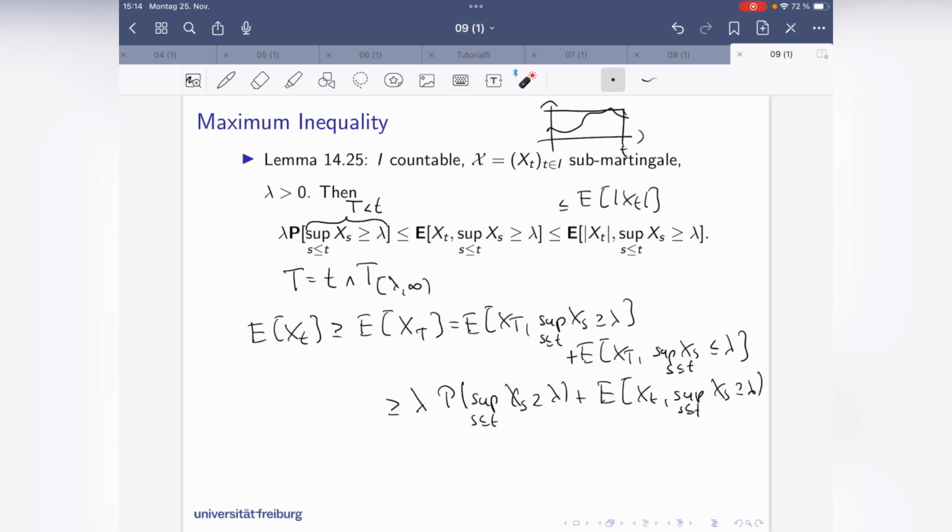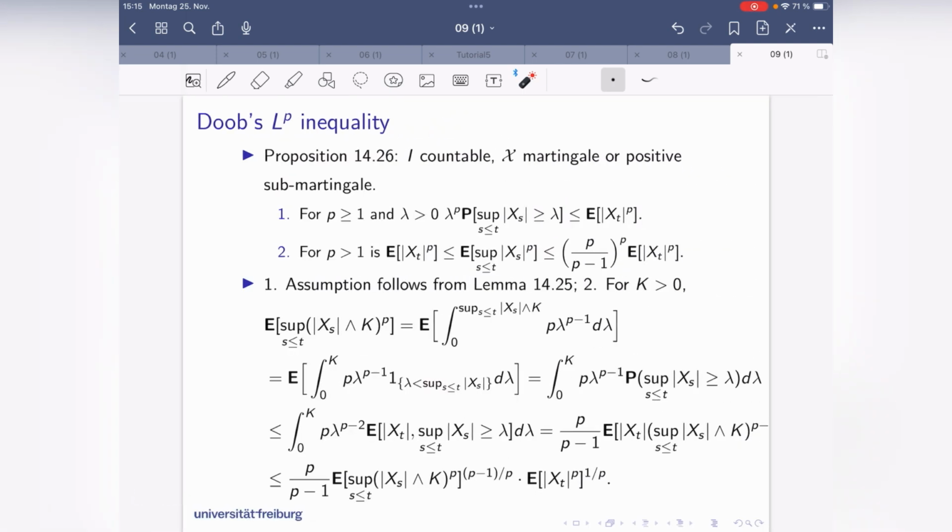No, here I have a typo. That must be smaller. Must be smaller in both cases. Subtracting this, bigger or equal stays, which is exactly this thing here. Okay, and from this to this inequality is easy because X_t is always less than or equal to the absolute value of X_t. And we have already proved the maximum inequality.